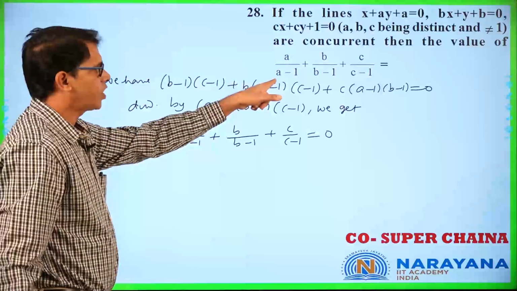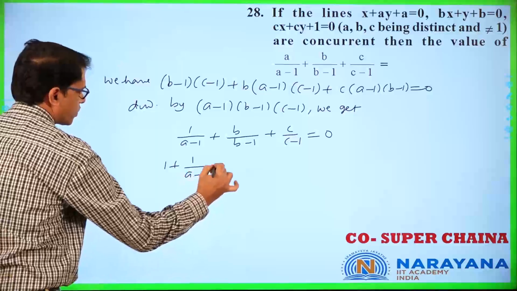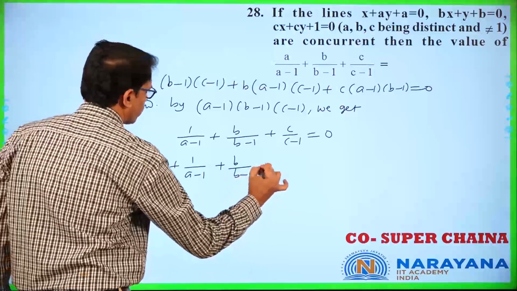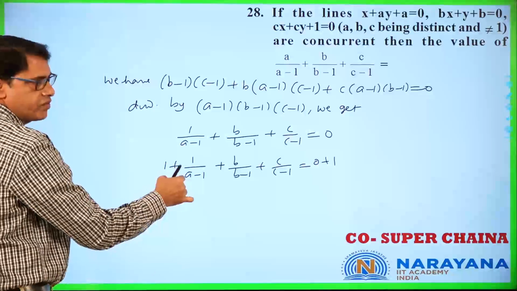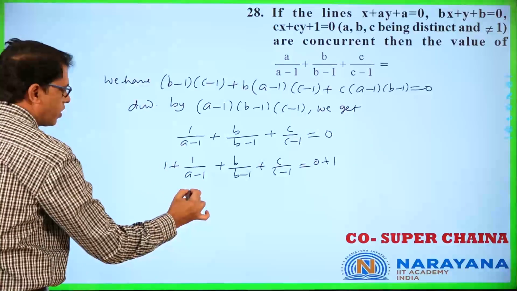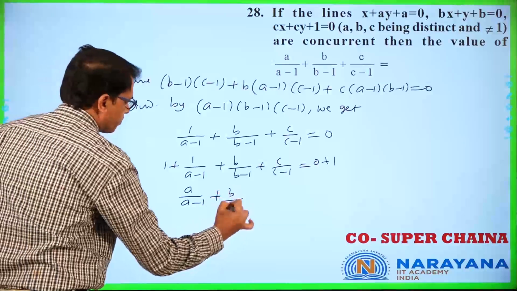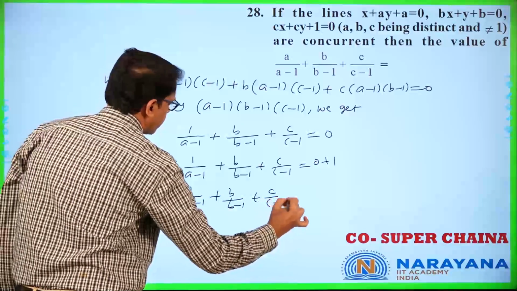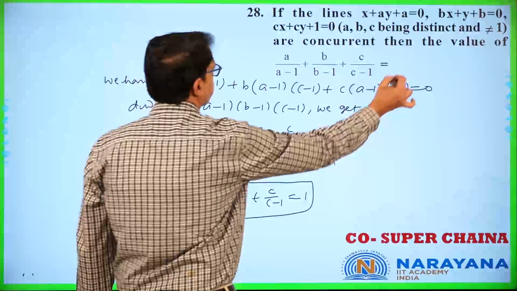Adding 1 on both sides: a by (a minus 1) plus b by (b minus 1) plus c by (c minus 1) equal to 0 plus 1. Take LCM, this will be a minus 1 plus 1, so 1 gets cancelled. So a by (a minus 1) plus b by (b minus 1) plus c by (c minus 1) equal to 1. So required value equals 1.